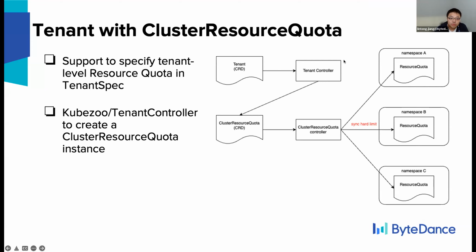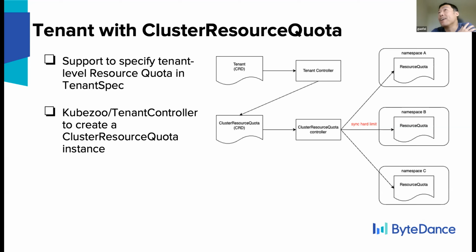The cluster resource quota admission and controller will just prevent it from going beyond the higher limit. I think we just use the resource quota to collect the usage in each namespace. We actually didn't do any limitation.